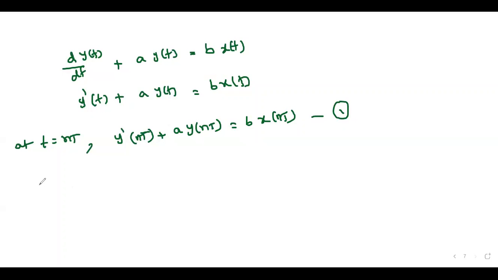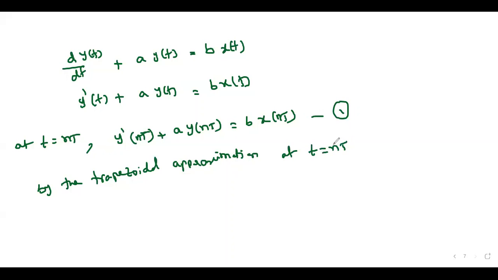By the trapezoidal approximation, I think in numerical methods you might have studied this. If it is not learned, please note down this point. By the trapezoidal approximation at t equal to nT, first I'll write this, then I will substitute t equal to nT.